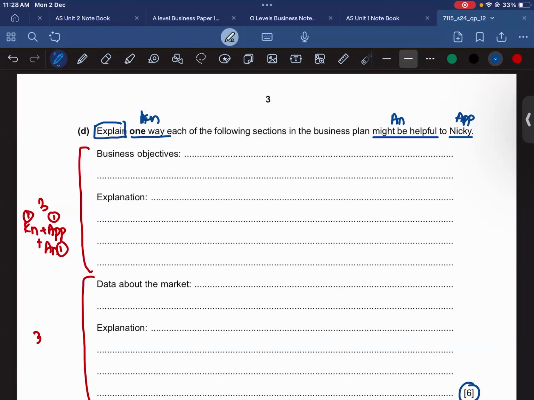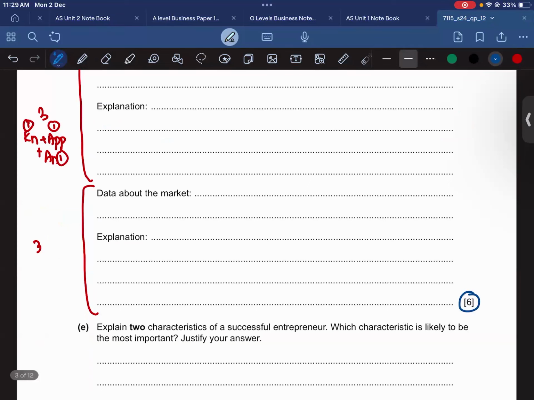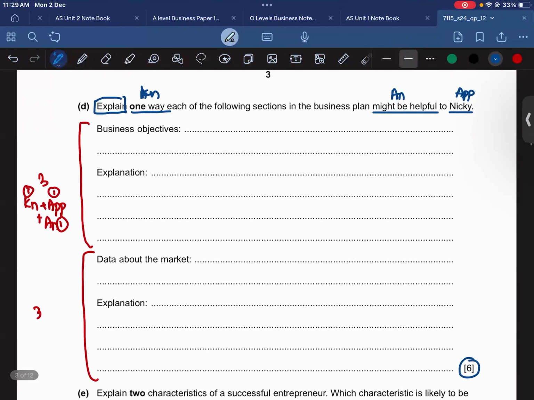Then it will help you in making improved decision making. Then you can also measure your success. Then data about the market is given, so it shows you the target market that you will have. It shows whether the demand is sufficient or not. It shows the number of customers in the market. It also helps you to make decisions such as setting up the prices. So these things can be helpful in certain ways.